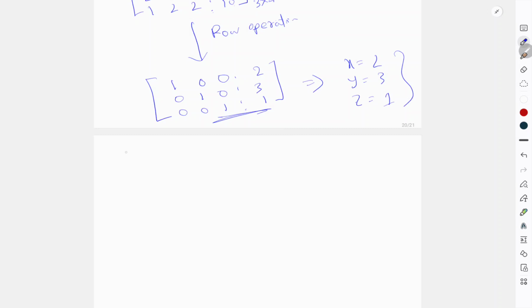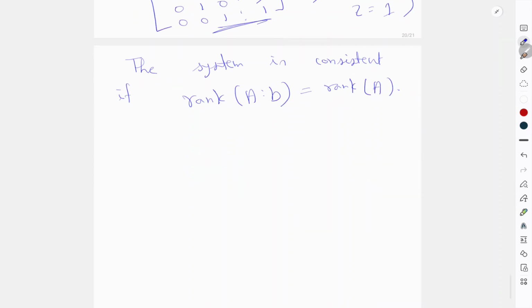So I am writing the system is consistent if the rank of AB, that is the augmented matrix, is equal to the rank of A. The system is consistent if rank of AB equals rank of A. Now what happens if your rank of A is also the full rank?